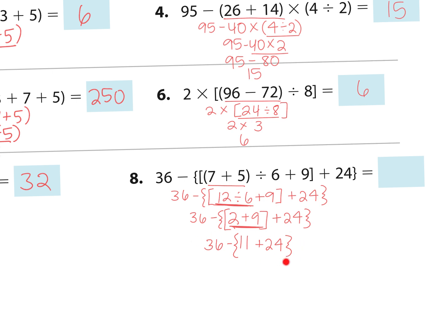What do I do in this part here? How did you get, you're doing it in your head. Tell me what you did to get 35 in your head. 11 plus 24. Yes, the 11 plus 24, which is 35. And then 36 minus 35 is 1. All that for a little old 1.